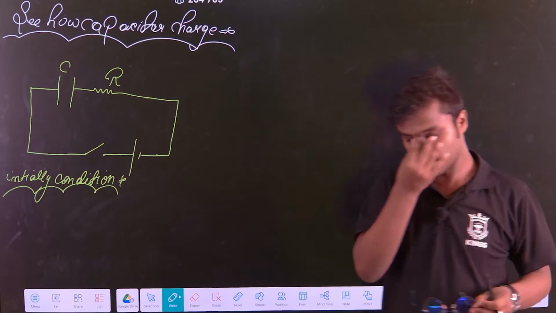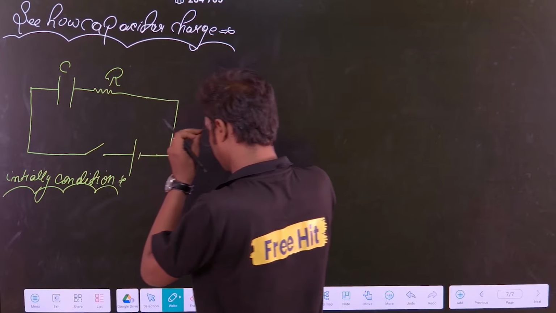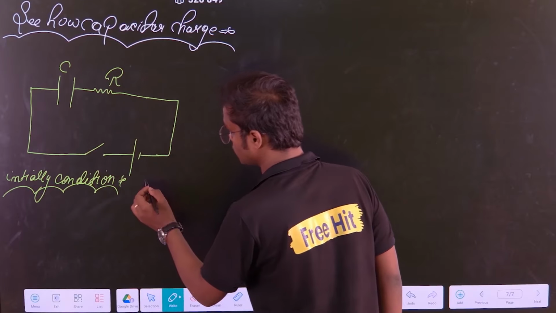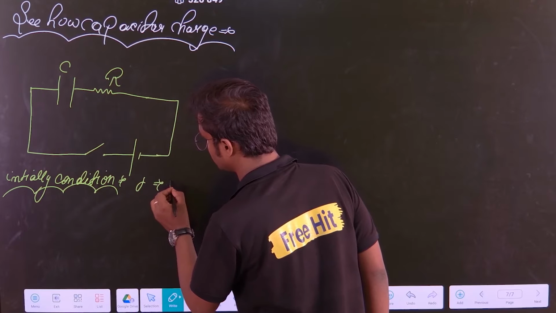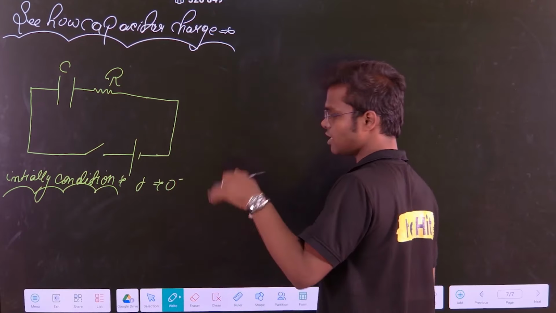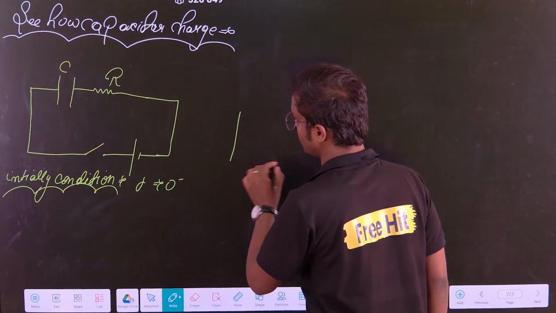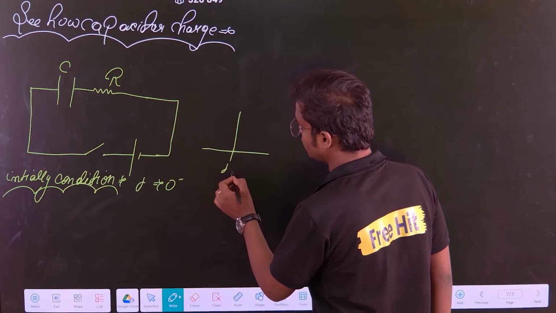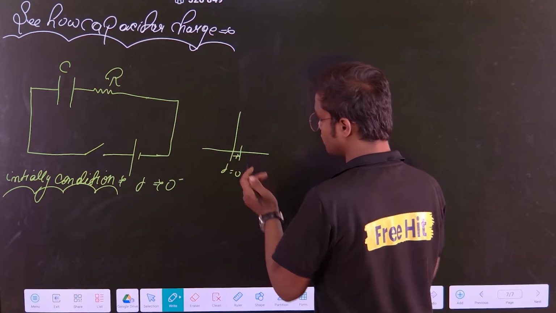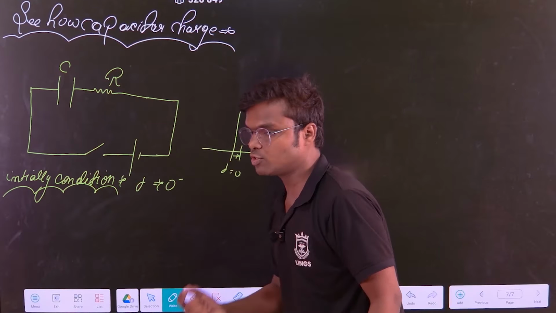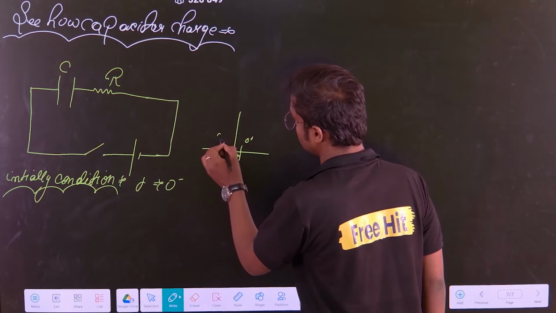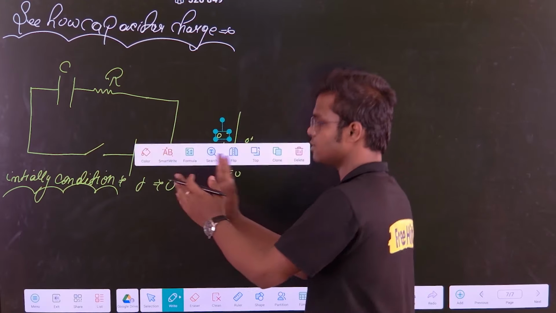Initial condition means let us take the scenario t equal to 0. This is our time axis. At t equal to 0, 0 plus means slightly greater than 0, like 0.00001 second, and 0 minus means slightly less than 0, correct?